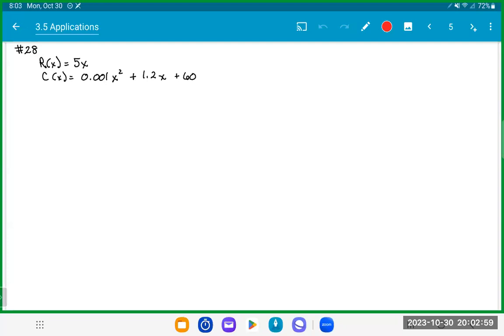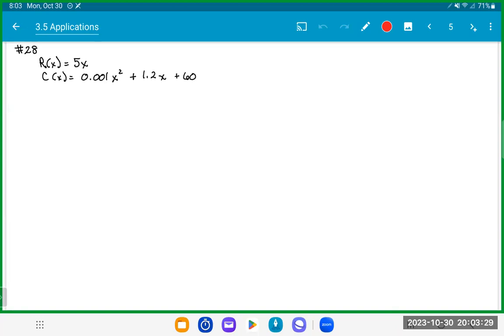We're going to assume that revenue and cost are in dollars, and that x is the number of units for which we're looking at. Okay, so this one is problem number 28. We are given that our revenue function is 5x, our cost function is 0.01x squared plus 1.2x plus 60.